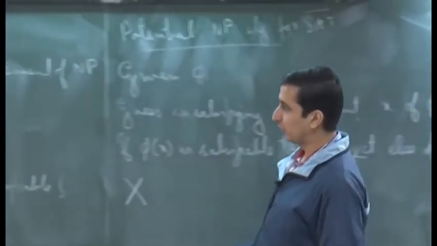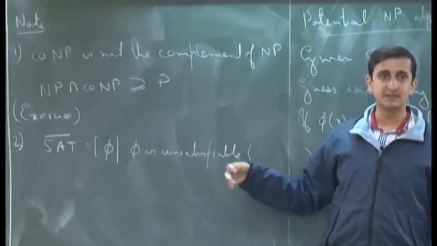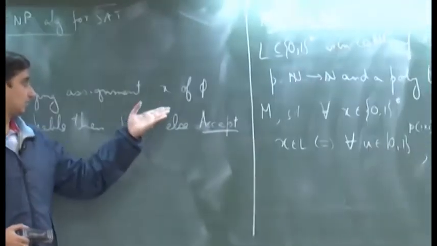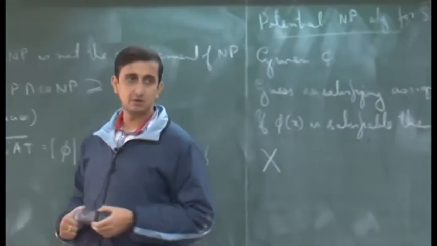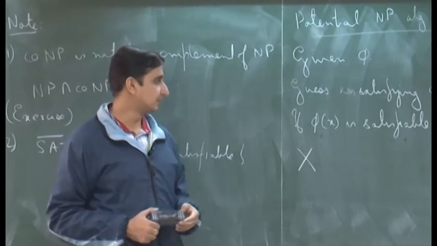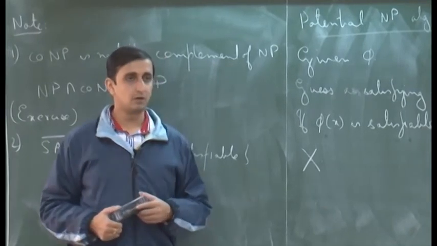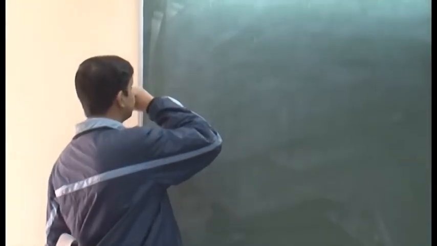So, therefore, to show that a particular formula is unsatisfiable, you need to basically check for all assignments u whether M on x comma u accepts or not. Okay. So, it does not suffice to check it just for one particular assignment. So, this kind of motivates why this question is so interesting.